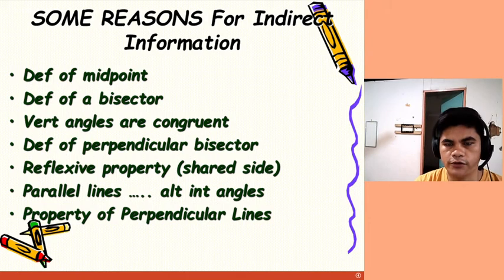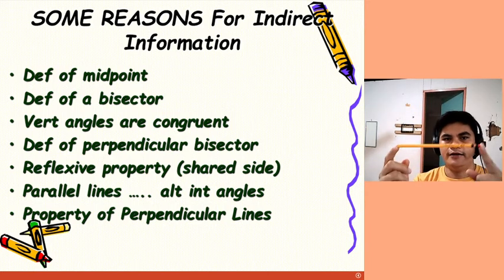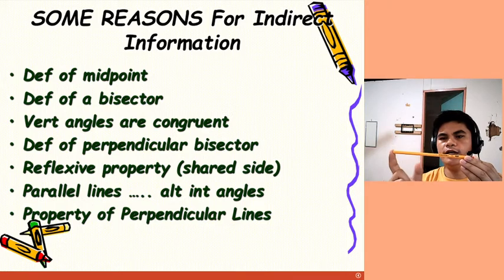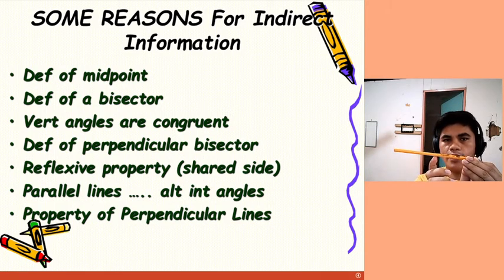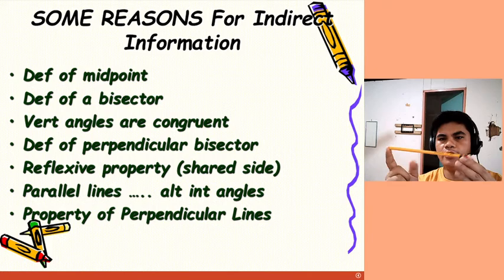So here are some reasons for indirect information. Number one, definition of midpoint. When we say definition of midpoint, for example, if this is the line and the midpoint is here, then the midpoint divides the line into two equal segments.